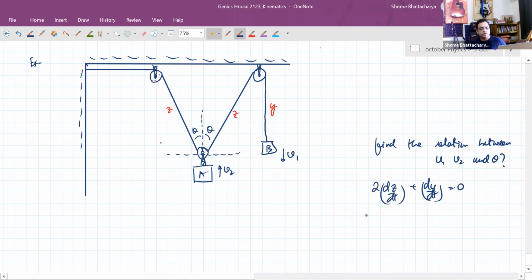Okay, so 2 times the approach velocity of A towards either P1 or P2, where P1 and P2 are these two pulleys, should be equal to the separation velocity of B from P2. Just note this down, people.